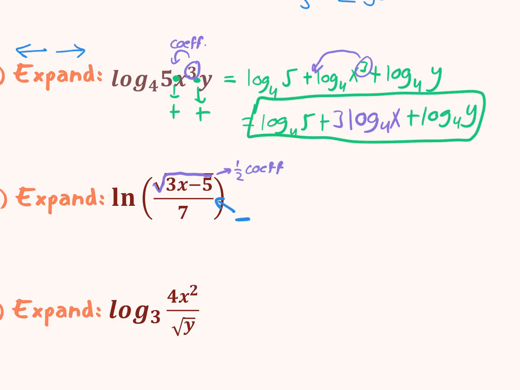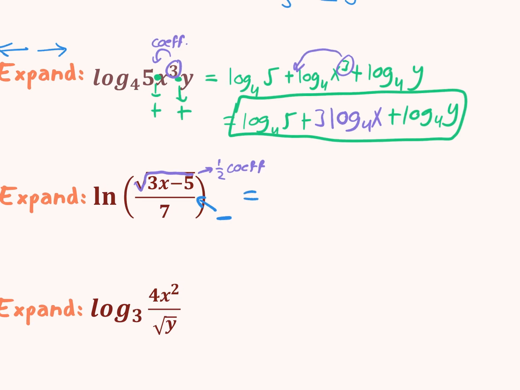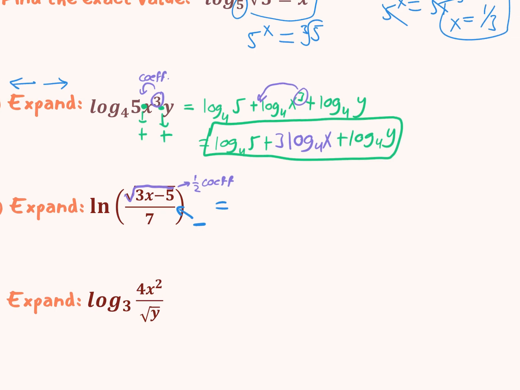All right, but like I said, I'm going to do any addition and subtraction first. Right, so in this ln expression, what is being divided? It's the square root of 3x minus 5 and 7, right, is being divided. So I'm going to have ln of the square root of 3x minus 5 minus ln of 7.